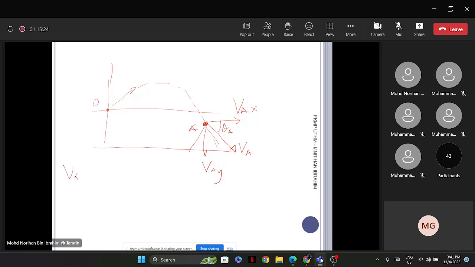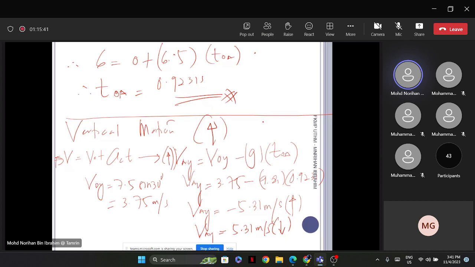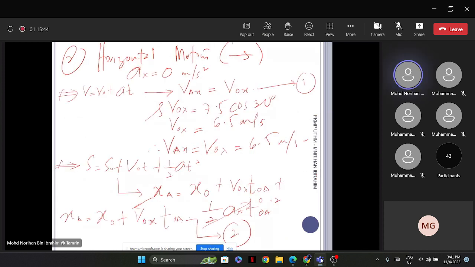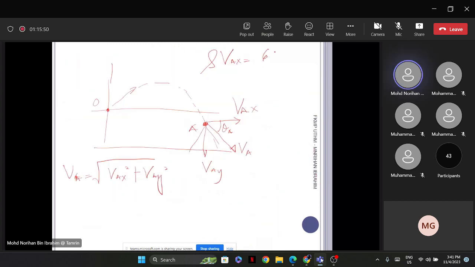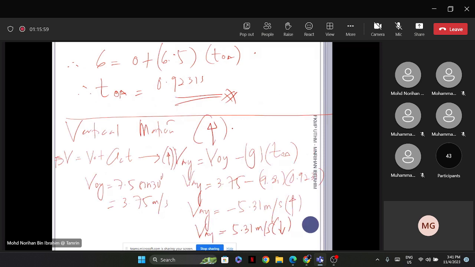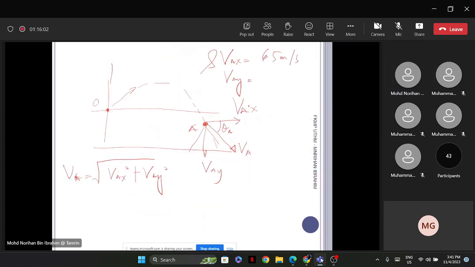So VA is equal to the square root of VAX to the 2 plus VAY to the 2. VAX is equal to, see the previous solution, VOX is 6.5 meter per second. VAY is equal to 5.31 meter per second.